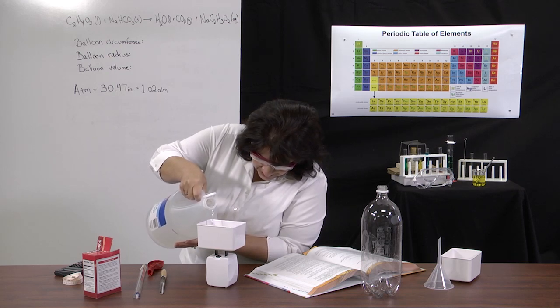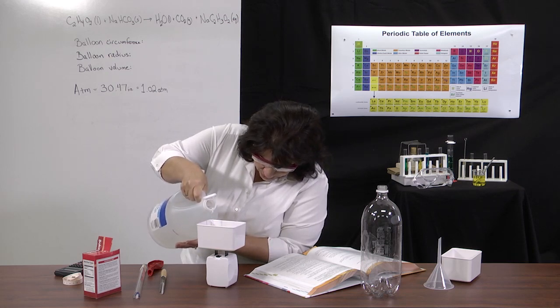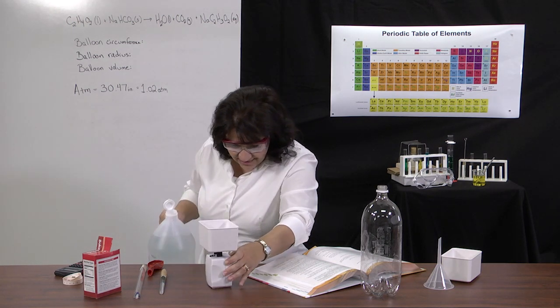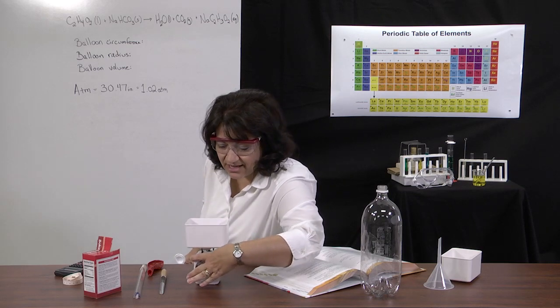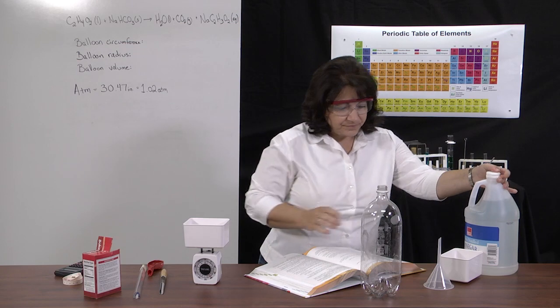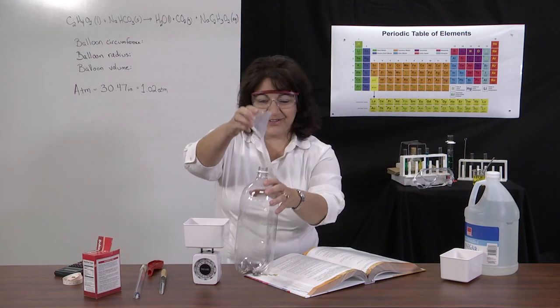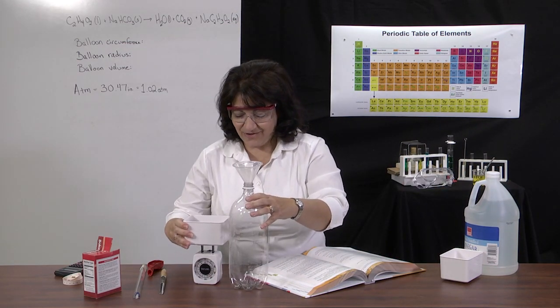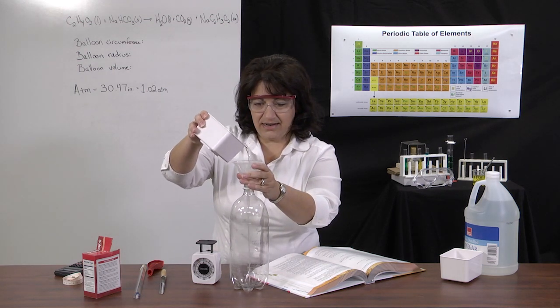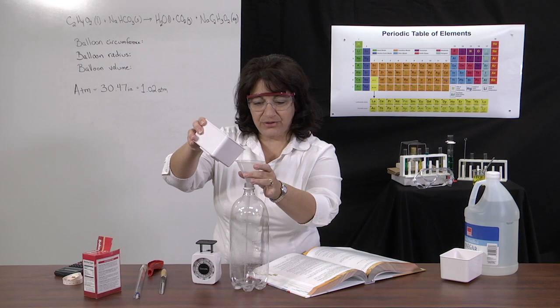And I will show you that in just a moment. And you can see that's 200 grams of vinegar. So I'm going to use a funnel to transfer it over so it can go nicely. When you pour into a funnel, lift the funnel up.